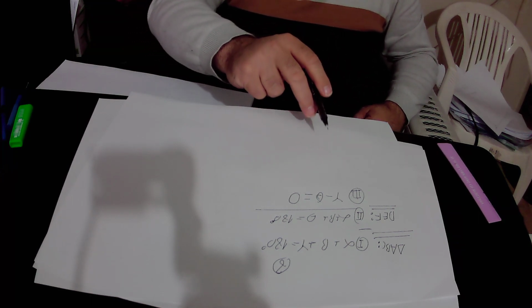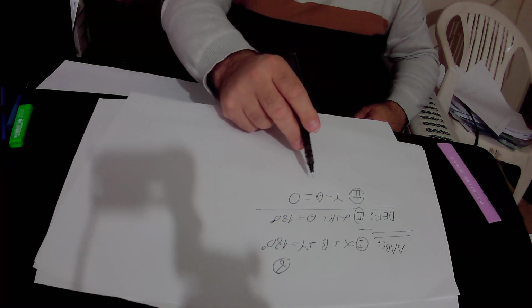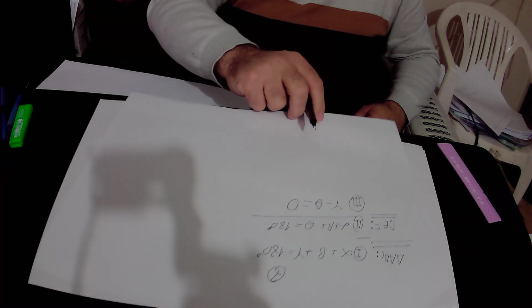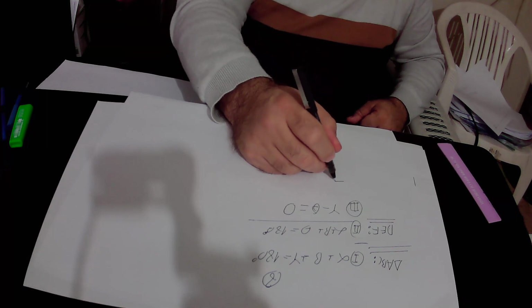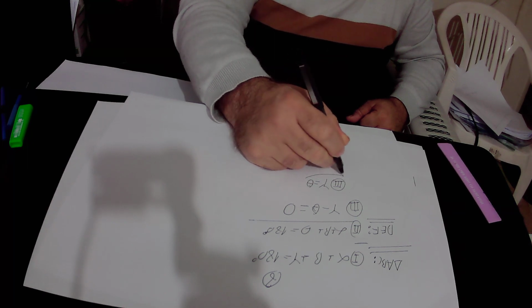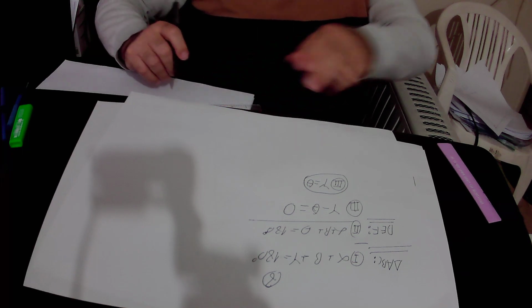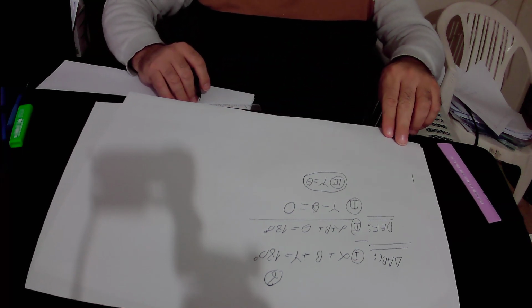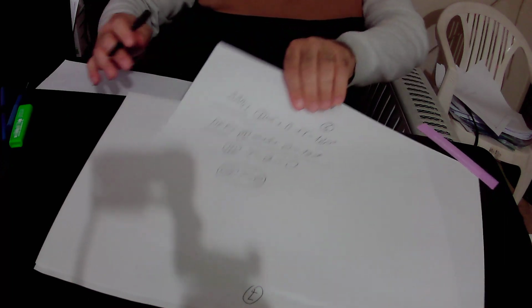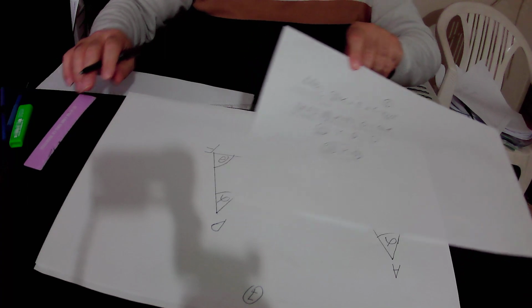Here we will add theta to equation number 3, and we will get that angle gamma equals angle theta. So we actually proved that angle gamma equals angle theta, and that is exactly what we wanted to prove.